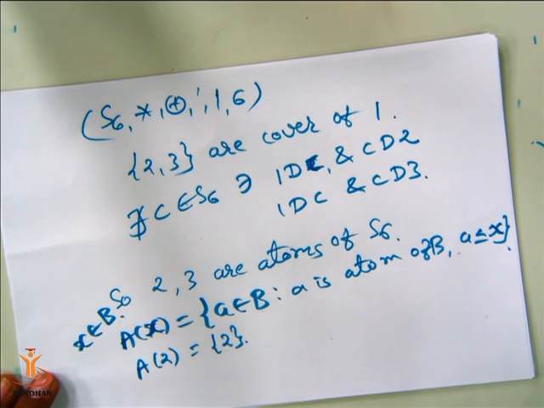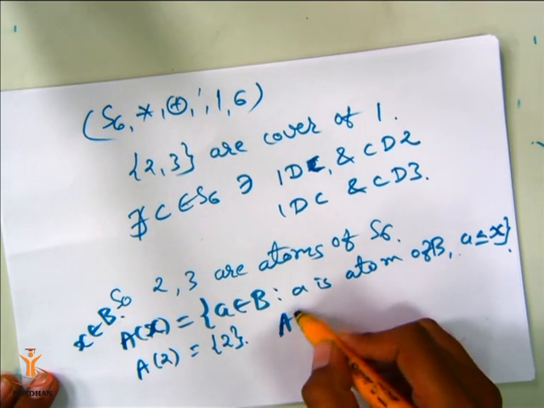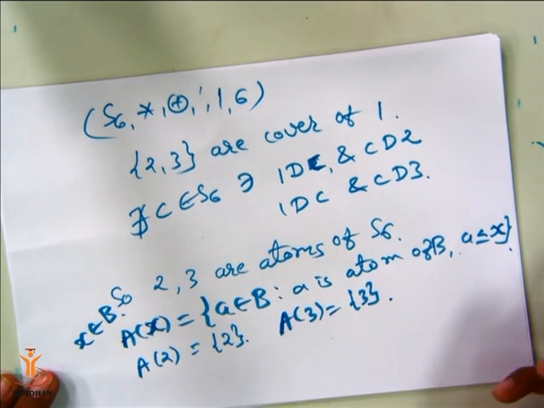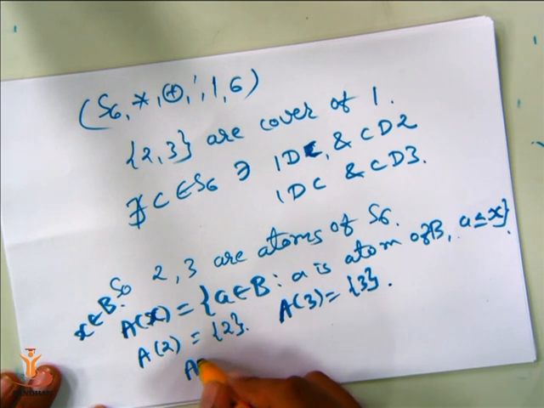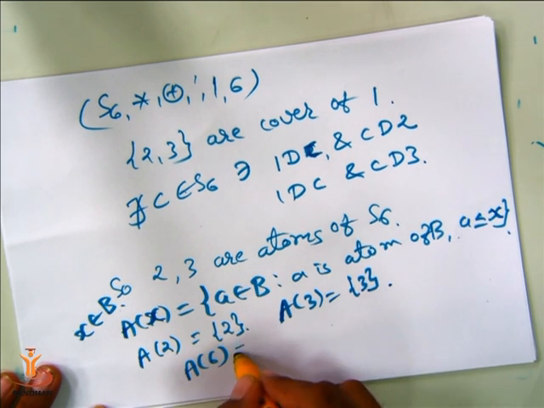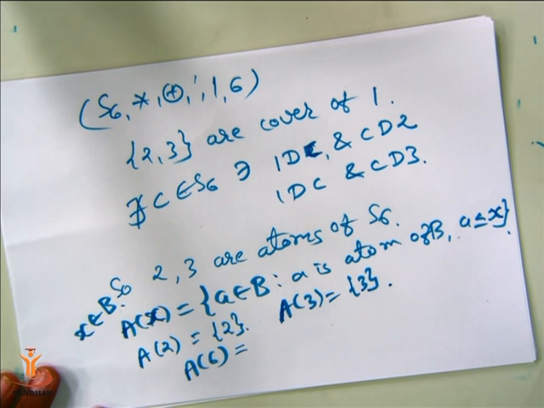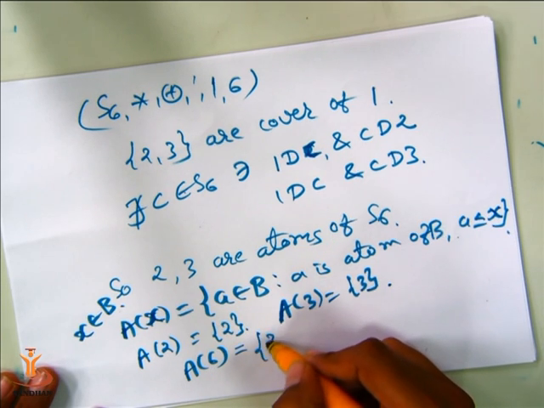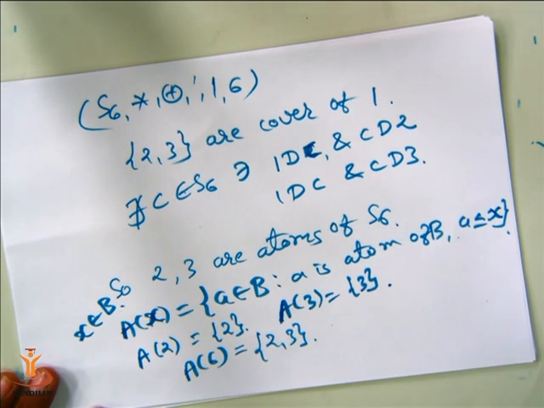Now if we take A of 3, then again we get 3. Now let us find the atom set of 6. A of 6 means the set of all atoms of B such that A is less than or equal to 6. Here 6 is an upper bound, therefore each and every element is less than or equal to 6. So A of 6 is nothing but 2 and 3.